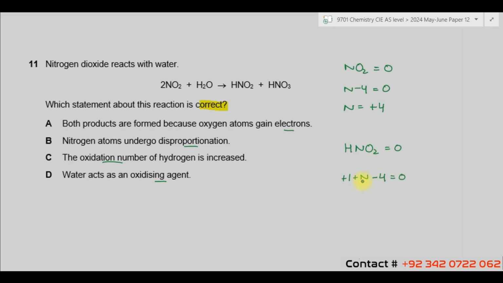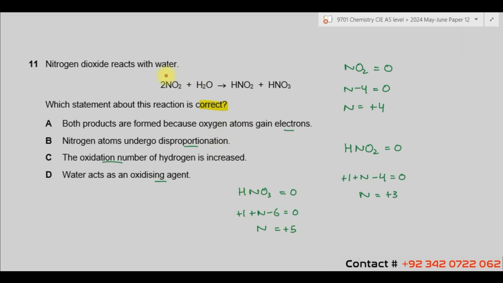So minus 4 and plus 1 becomes minus 3, and it is plus 3. HNO3, overall charge is 0, plus 1, nitrogen, 3 oxygens. So minus 6 plus 1 is minus 5, or it becomes plus 5.